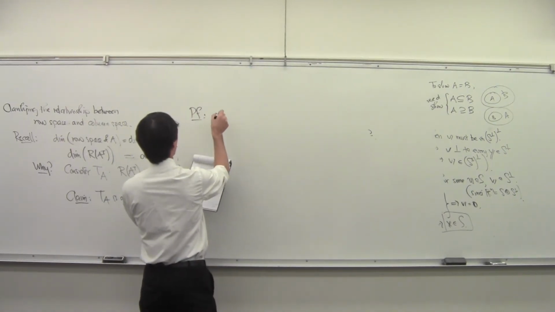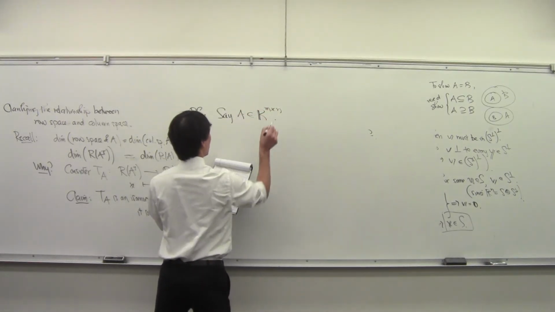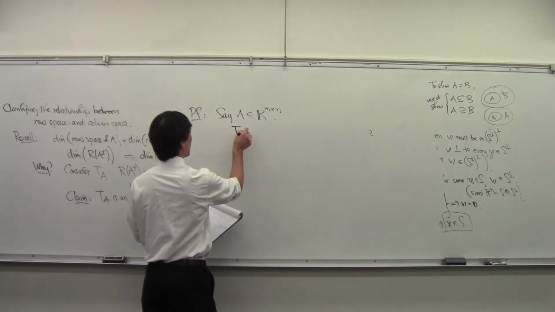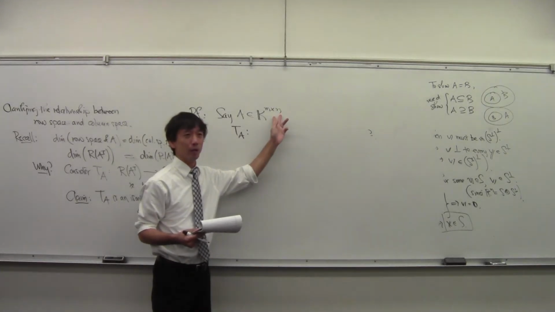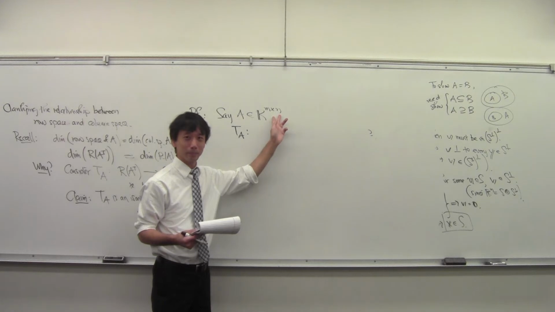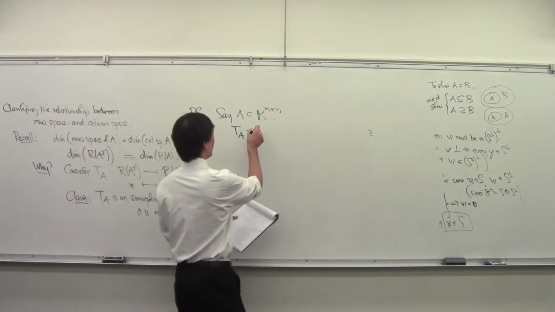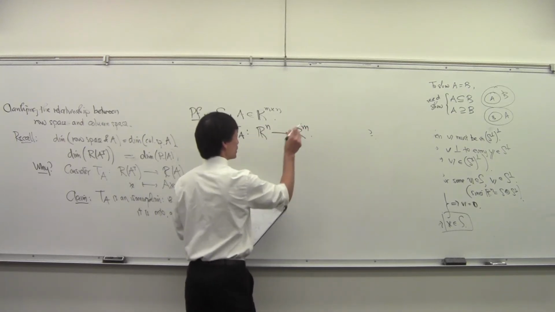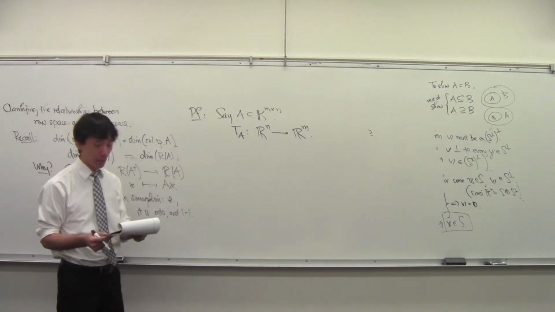Okay, so let's say that you have some matrix, and it's an m by n matrix. So when you talk about T sub A, that's a map going from where to where? Well, it'll go from Rn to Rm. That's a map from Rn to Rm.